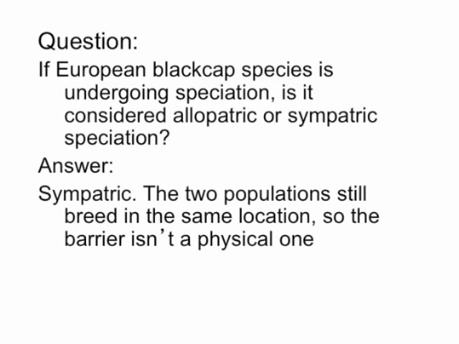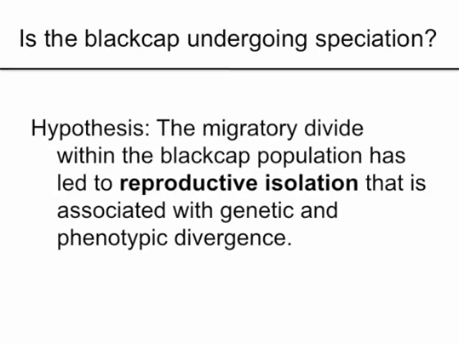So if they are undergoing speciation, and this is a sympatric speciation, what could actually allow sympatric speciation to happen? The hypothesis is that this migratory divide between the populations has led to reproductive isolation that is associated with genetic and phenotypic diversity.